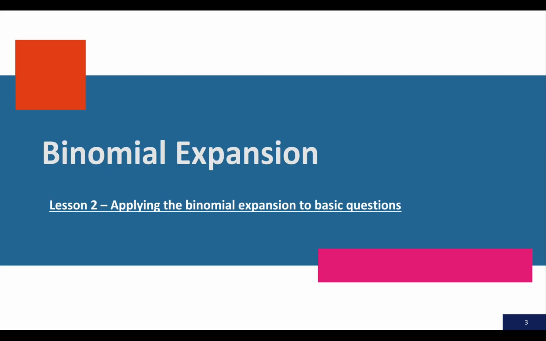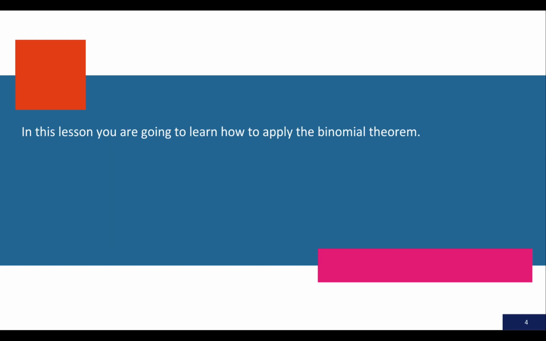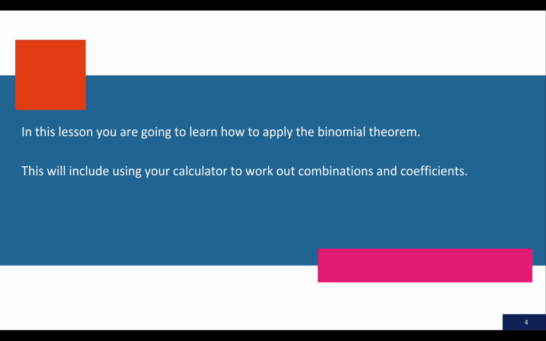So in this lesson, we are looking at applying the binomial expansion, or sometimes called the binomial theorem, to some basic questions. This lesson relies on the knowledge already accumulated in the first video. In this lesson, we're going to learn how to apply the binomial theorem or the binomial expansion. This will include using your calculator to work out combinations and coefficients.